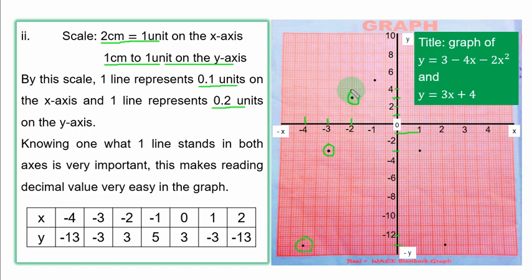When x is minus 1, y is 5. So this is 5 and x is minus 1.